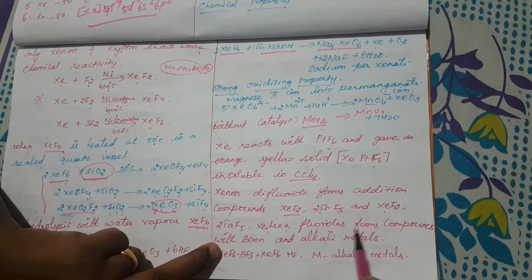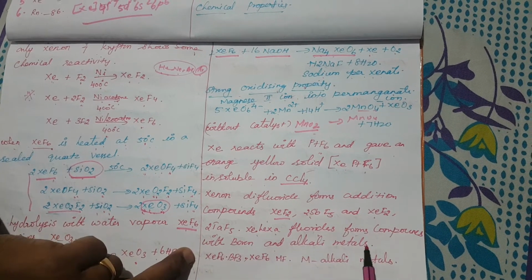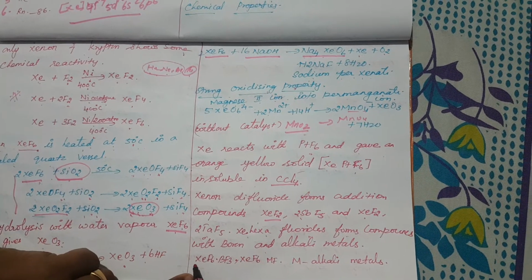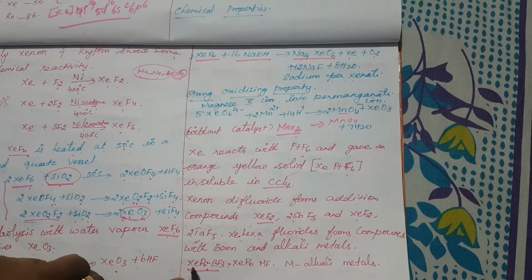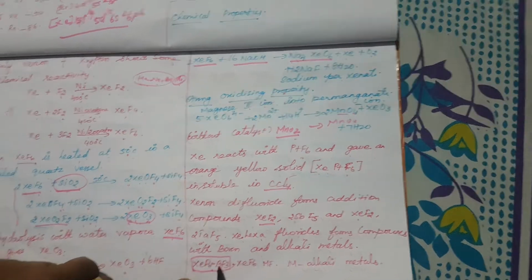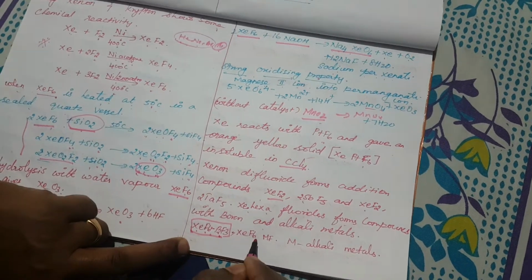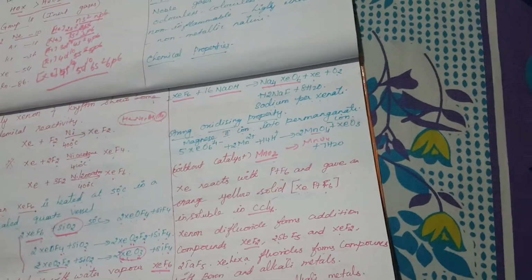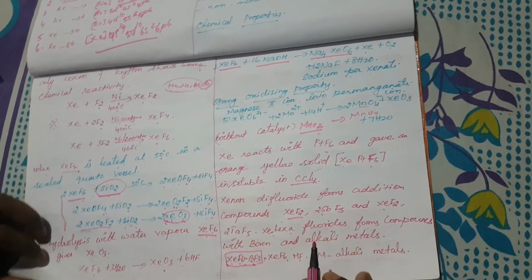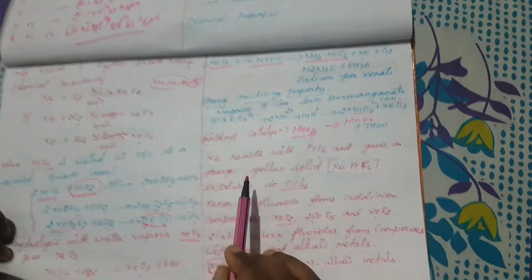Xenon hexafluoride forms compounds with boron and alkali metals, so here that is XeF6·BF3. That is boron trifluoride with xenon hexafluoride forming a complex. Here M means alkali metal. So no need for all these things. Just get the idea for the reactions of xenon.